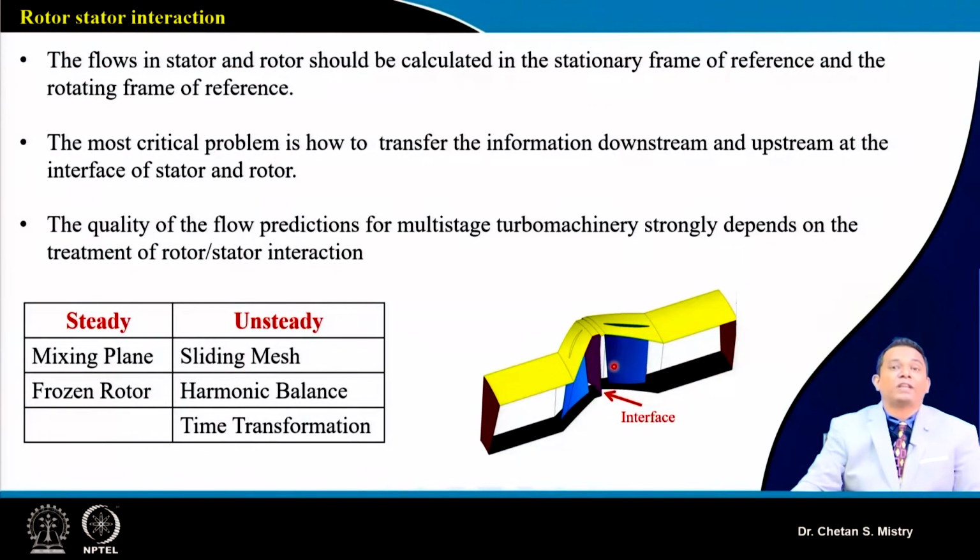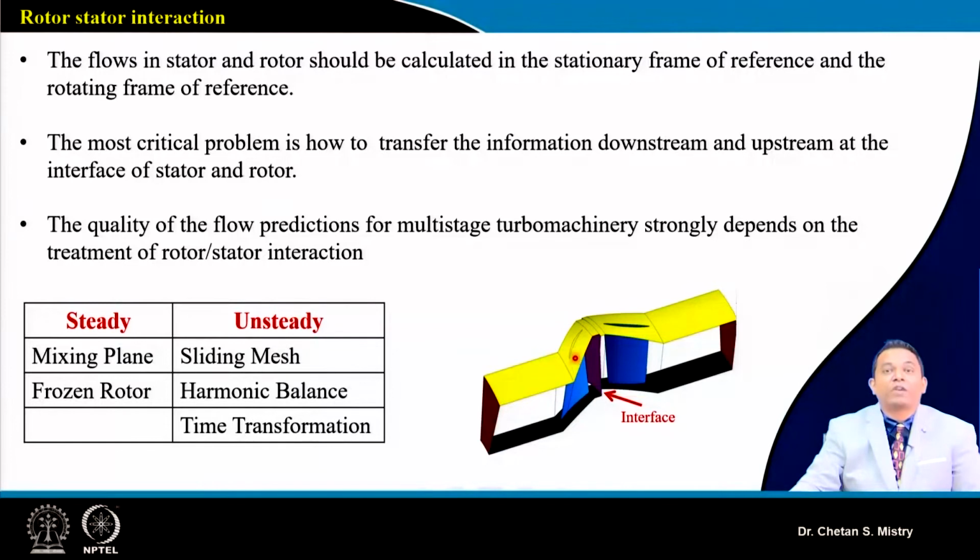Next is the exchange of data between rotor and stator. So just understand here, suppose this is my stator, this is my rotor. Rotor works under a rotating reference frame, and here this is in a stationary reference frame. So now we need to exchange our data.